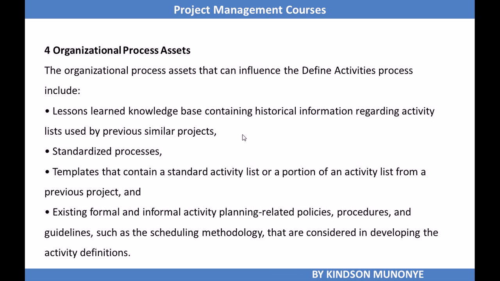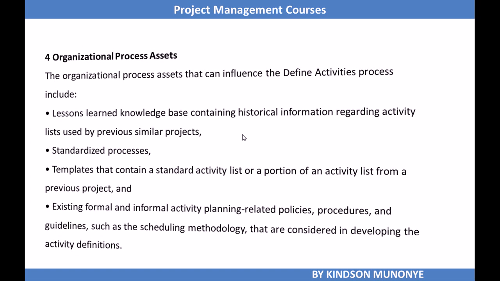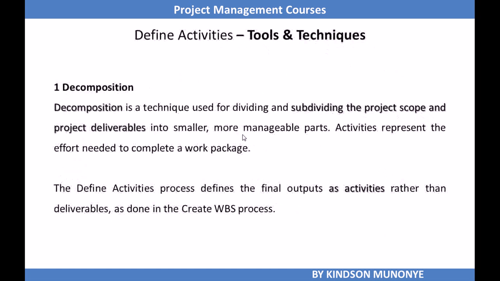Organizational process assets can also influence define activities, for instance lessons learned from previous projects, standardized processes, templates, and existing formal and informal activity planning related policies and procedures. Alright, so we have the scope baseline, the schedule management plan, EEFs, enterprise environmental factors, and organizational process assets serving as inputs.